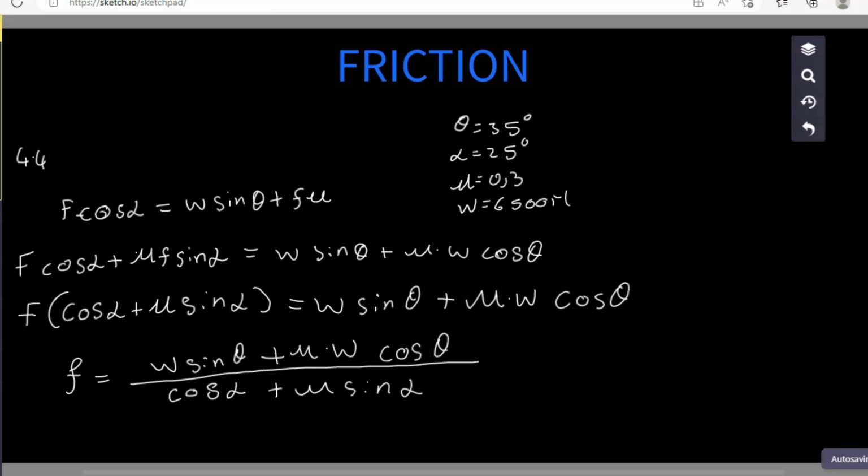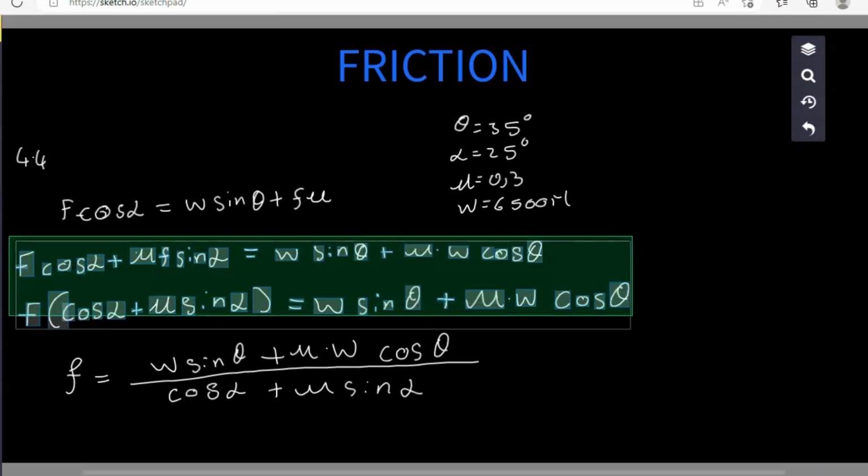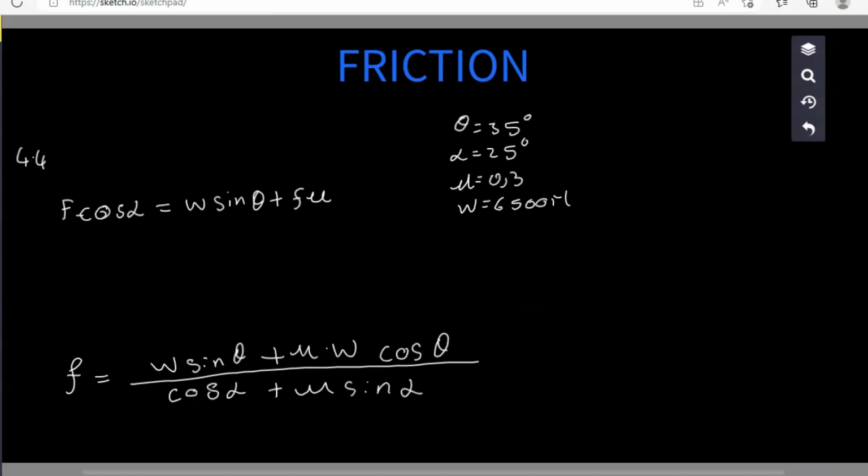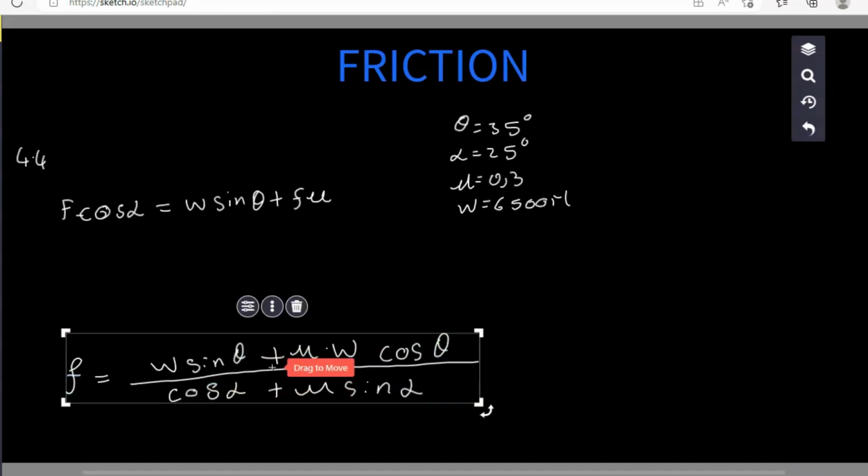And then we do the substitution. Move this up and substitute.